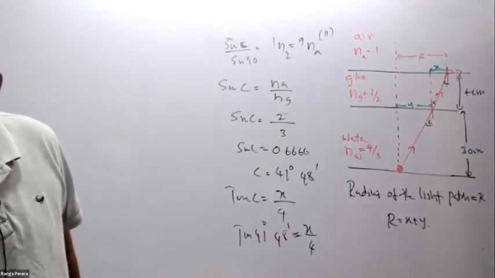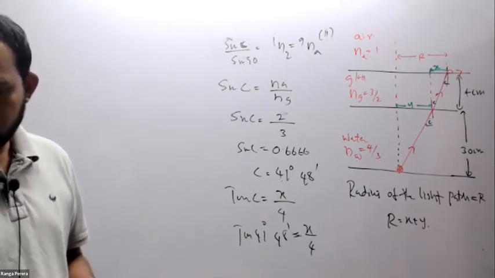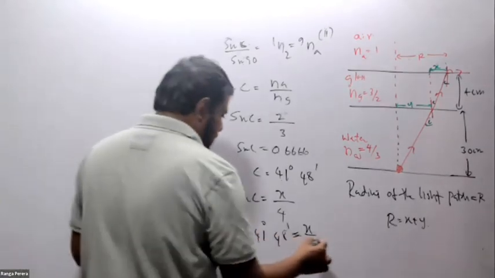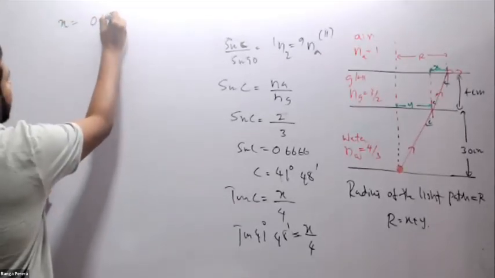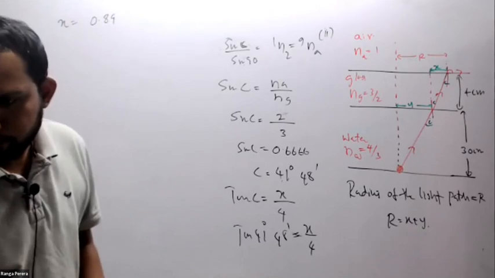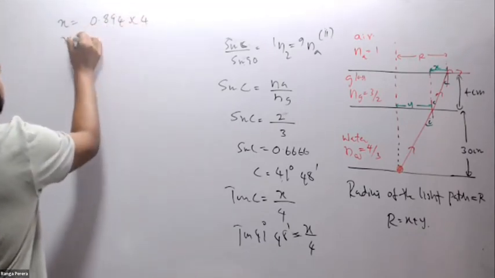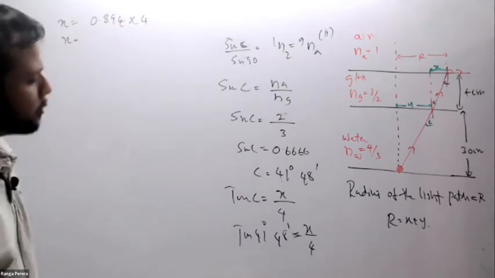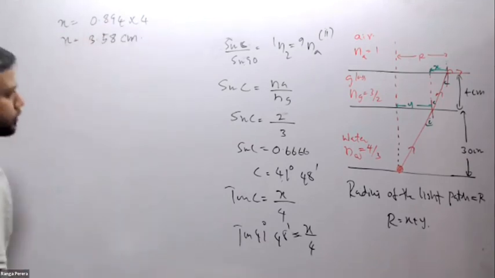Anyone who has calculated this? Don't give up, try yourself. It is 0.894. So X equals 0.894 into 4 centimeter. When you simplify, you get a value like 3.58 centimeter. We found the X value.